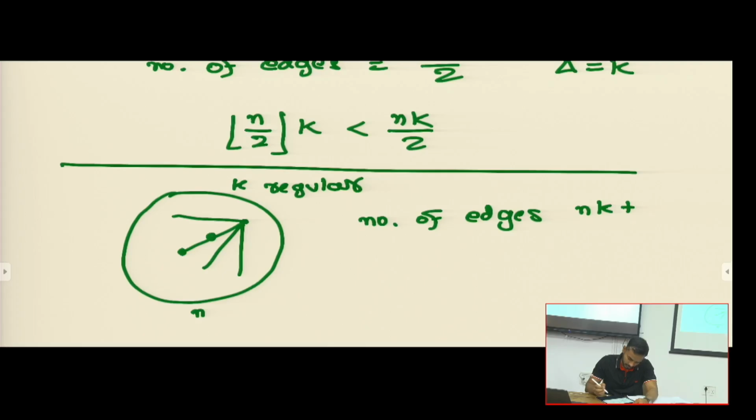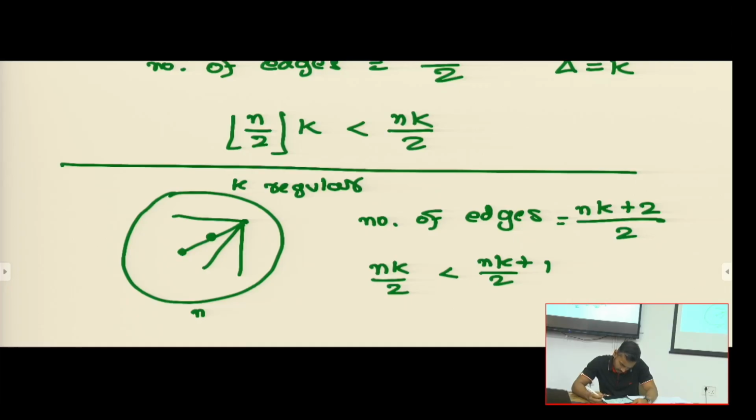Each of degree K is one vertex. Yes. Yes. If you want, sorry.